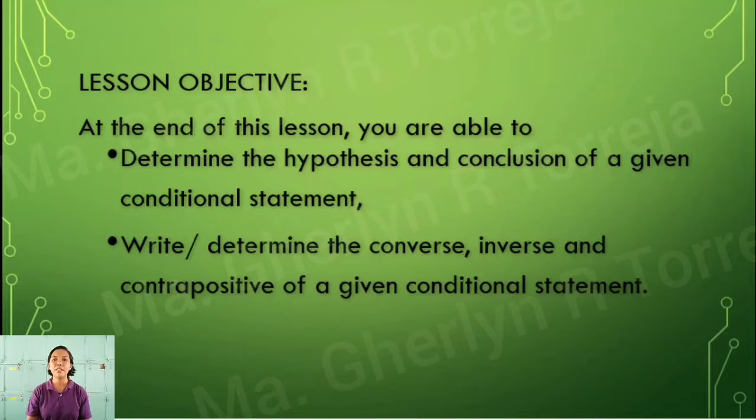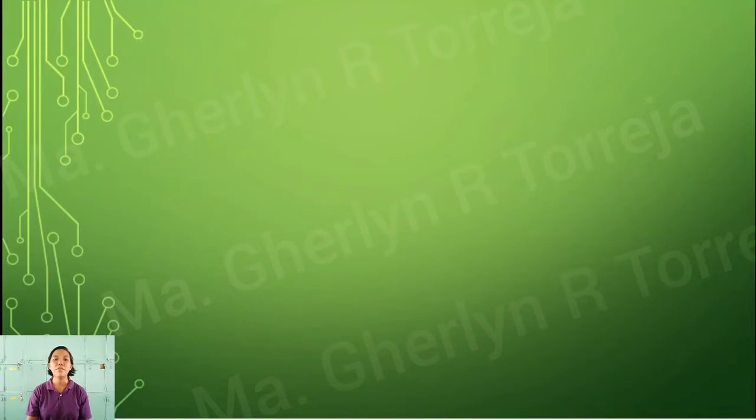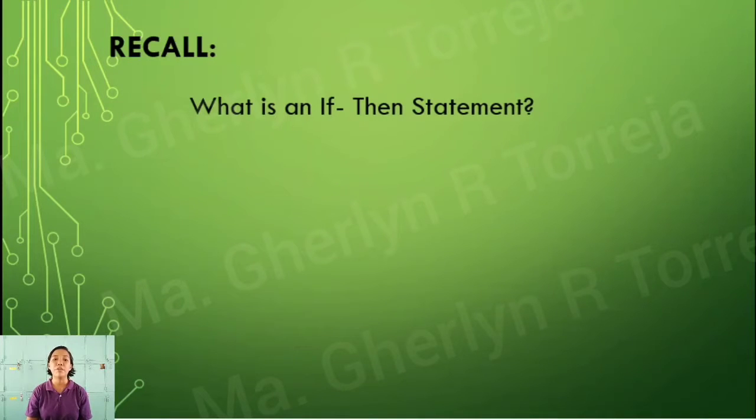Before we have our discussion, let's have first a recall. This recall is from your previous lesson, which is about an if-then statement. What is meant by an if-then statement? Do you remember? Very good.